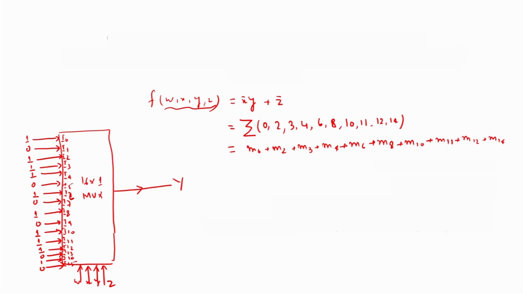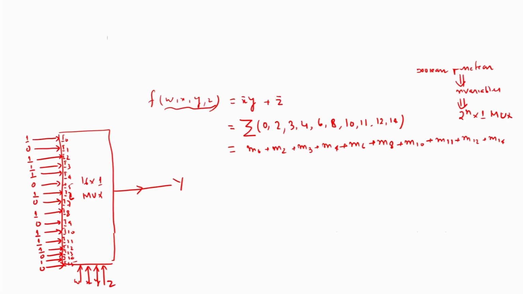Now what is the efficient way of representing a Boolean function by using a multiplexer? The general way is this: suppose the Boolean function contains n variables, then the general size of the multiplexer is 2 to the power n cross 1 mux.